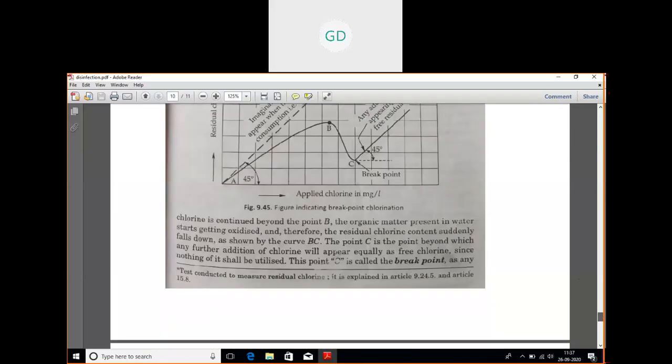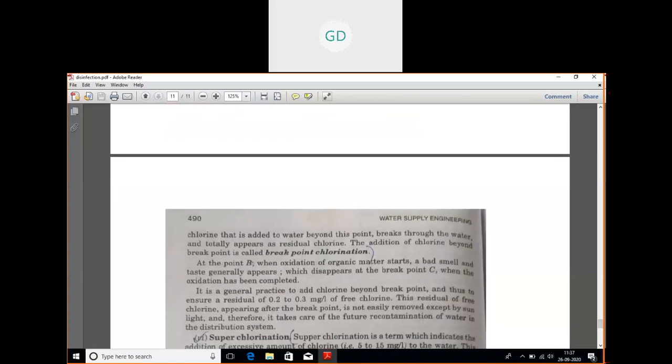What is written here? This point C is called the breakpoint, as any chlorine that is added to water beyond this point breaks through the water and totally appears as residual chlorine. The addition of chlorine beyond breakpoint is called breakpoint chlorination.